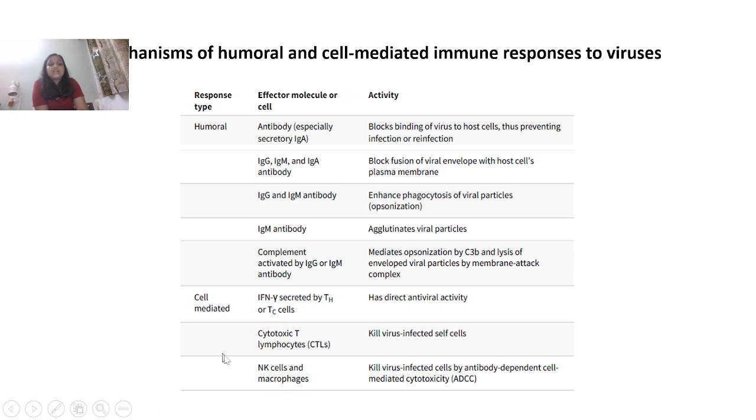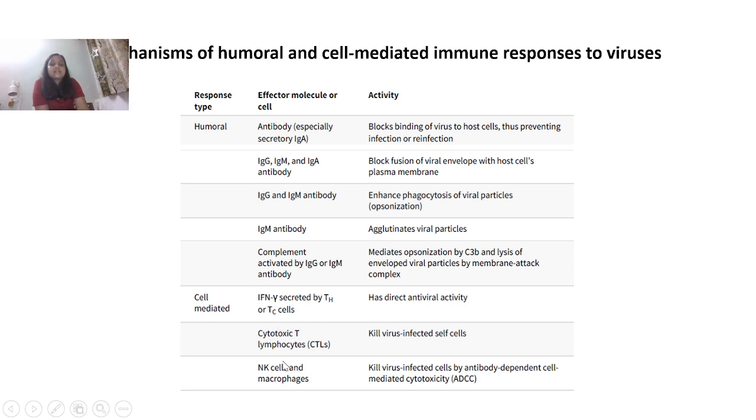Then there is cell-mediated response like the IFN gamma is secreted by TH or TC cells, and they can directly kill the virus. They can have different antiviral activity. There is cytotoxic T lymphocyte, which is receiving the signal from MHC class 1 molecule via the APCs, and they can kill directly the virus infected cells.